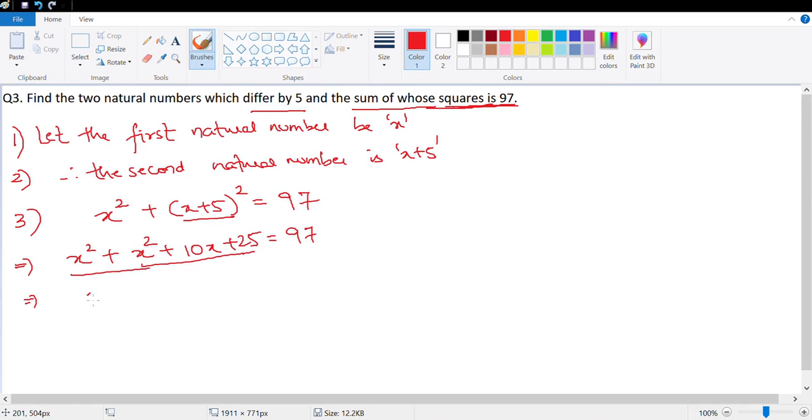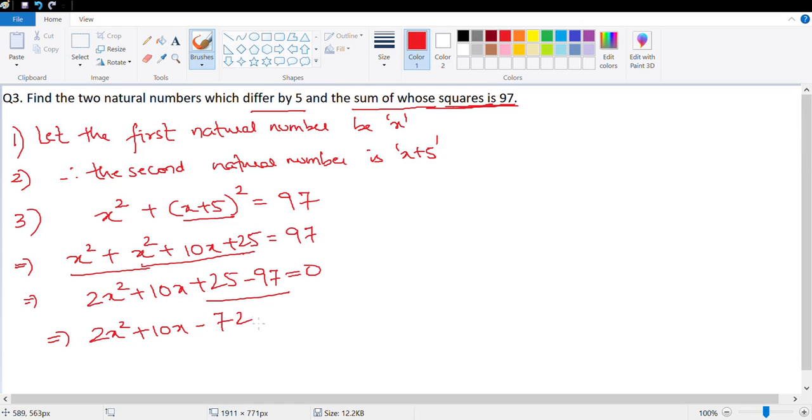So x squared plus x squared is 2x squared plus 10x plus 25 minus 97 is equal to 0, which means 2x squared plus 10x, 25 minus 97, that's minus 72. Yes, minus 72 is equal to 0. I notice that all elements have 2 in common, so let's divide this by 2. So this gives me x squared plus 5x minus 36 is equal to 0.